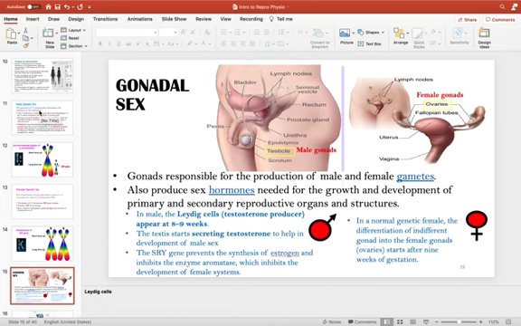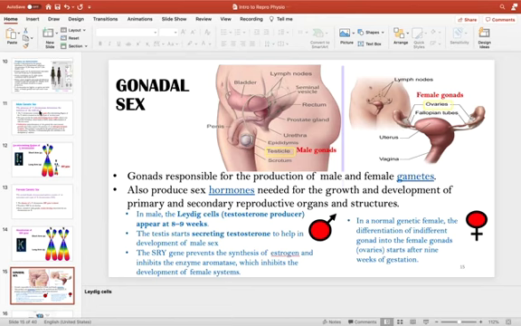Gonadal sex. The gonad is responsible for production of male and female gametes. It also produces sex hormones needed for the growth and development of primary and secondary reproductive organs and structures. In male, the Leydig cells, the testosterone producers, appear at 8 to 9 weeks.